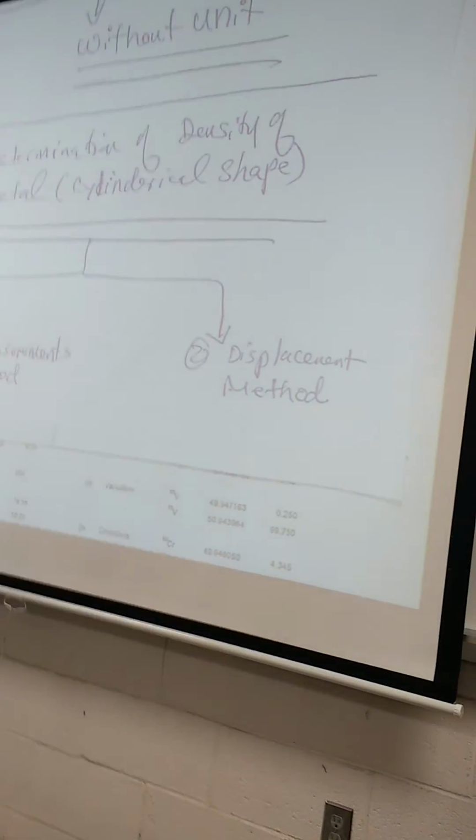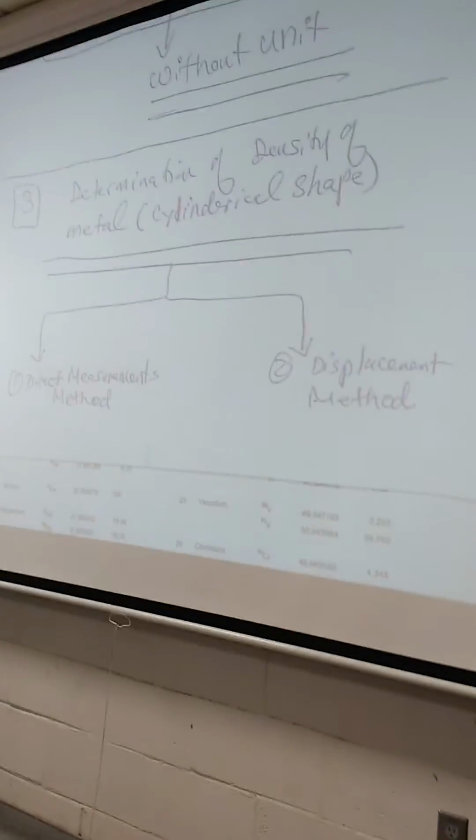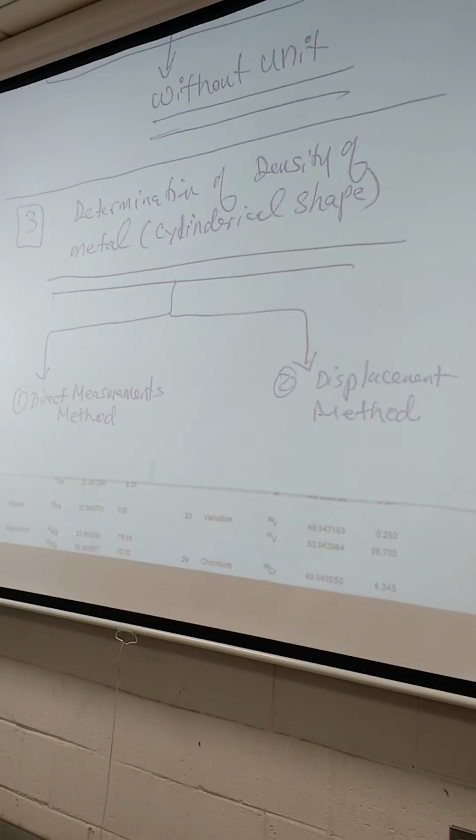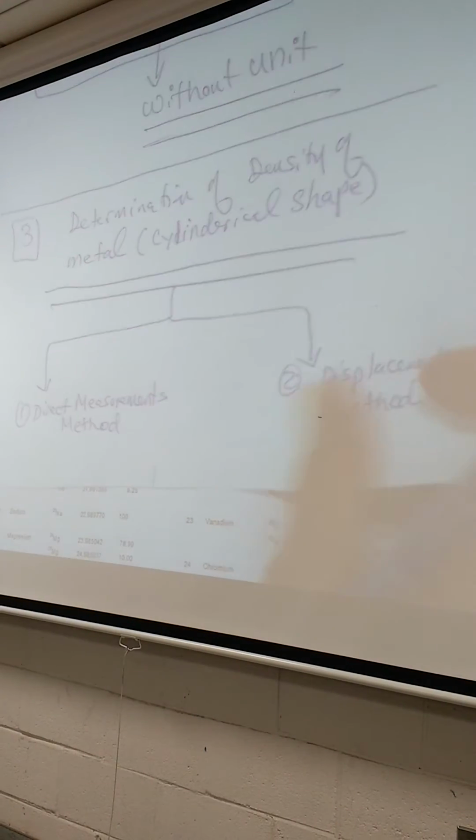Correct, guys? Two methods. Let's go for the direct measurements first. The first method here is direct measurement.